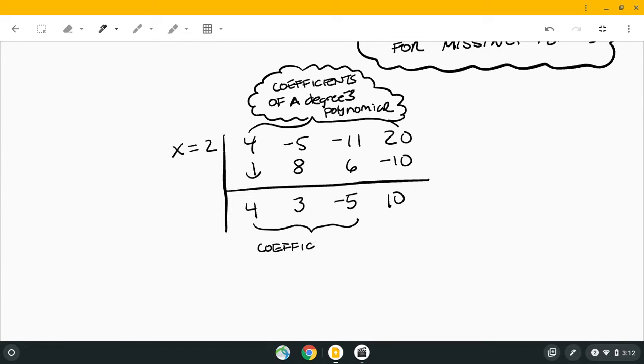These 3 numbers here represent the coefficients. Let's spell coefficient right. Coefficients of a polynomial one degree less.